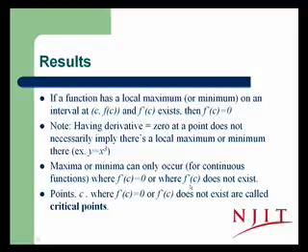Those will be your only candidates for where maximums and minimums can occur. Point c, where the derivative is equal to 0 or the derivative does not exist, those are called critical points or critical numbers. And we're going to find that we'll only need to check on our critical numbers or at our endpoints to find where maximums and minimums can exist.